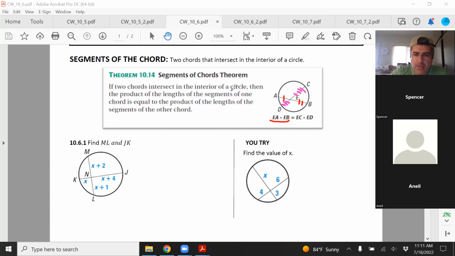So if two chords intersect in the interior of a circle, then the product of the lengths of the segments of one chord, so AE and EB are the segments of one chord, is equal to the product of the lengths of the segments of the other chord. DE and EC are the segments of the other chord.